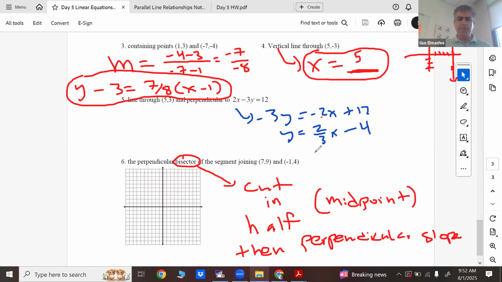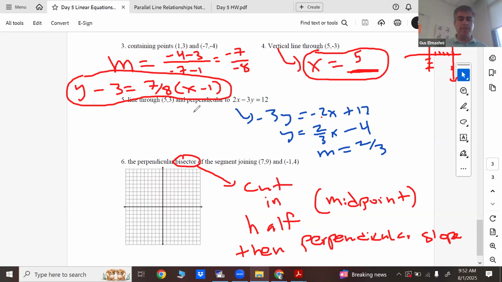So the slope here, let me close the door. So yeah, remember you get y by itself. You have to do the 2x over divide by -3. After that's done, once that is done, you can extract the slope, which is 2/3.